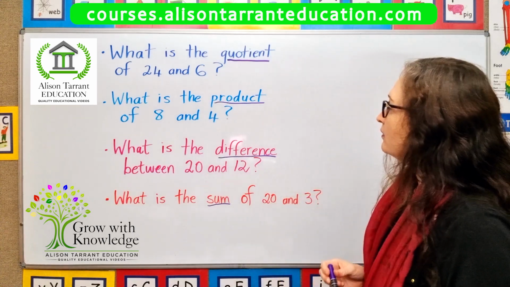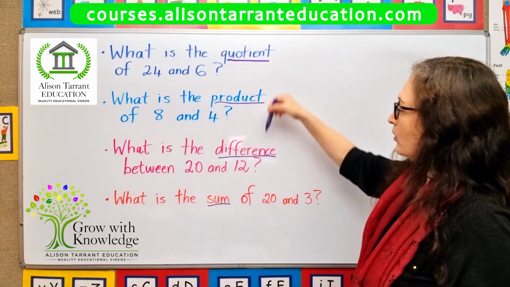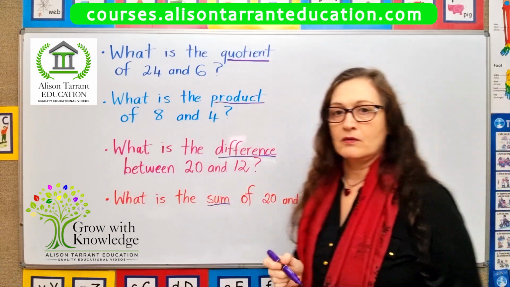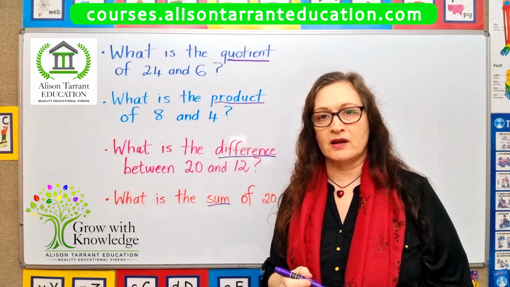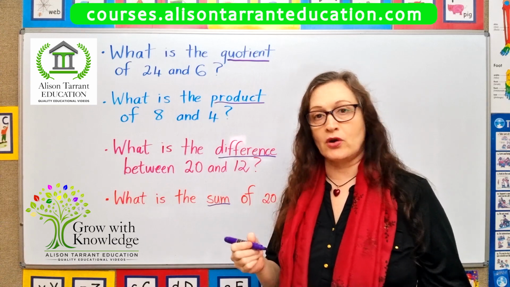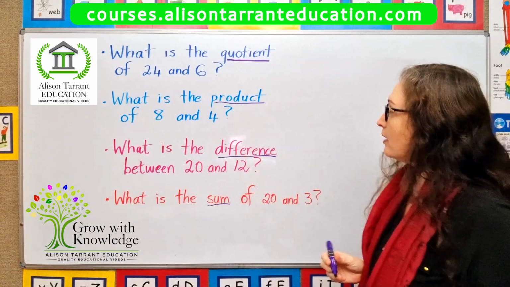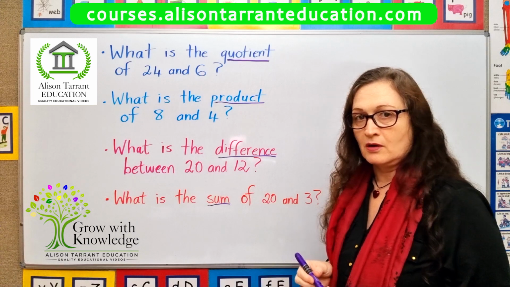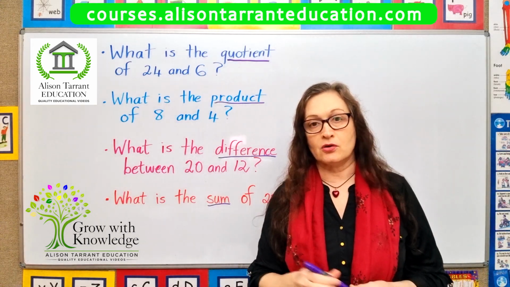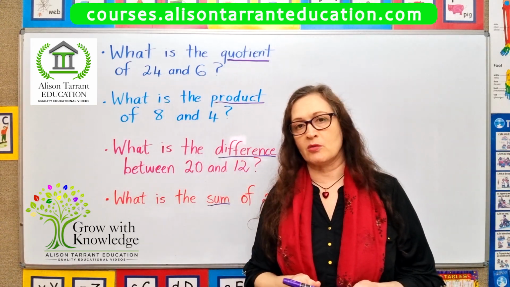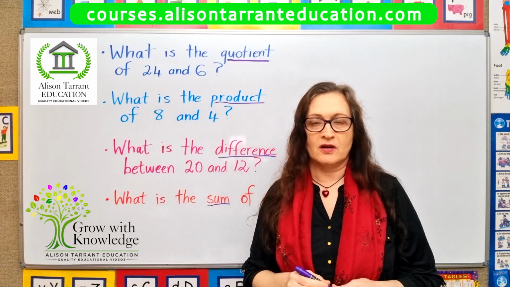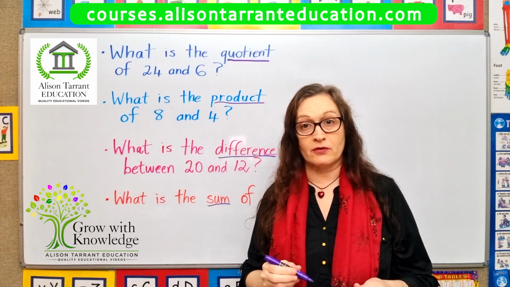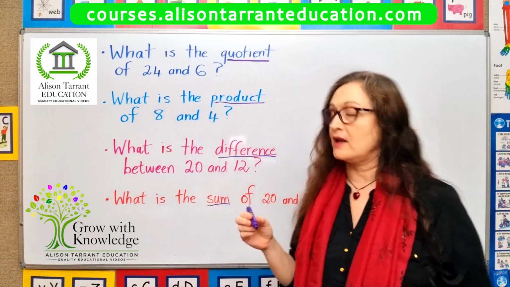So once again, if you know what all these words are, and if you're a child at school doing a test or a worksheet and you know what these words are, they're not a problem to you. But if you don't know what they are, you're going to find these very simple word problems quite difficult. So let's just quickly go over again what these words mean.